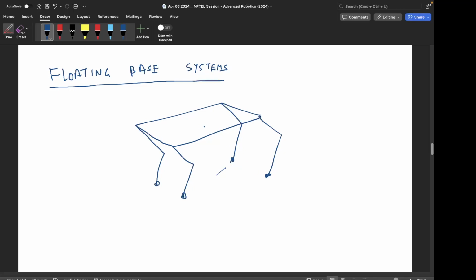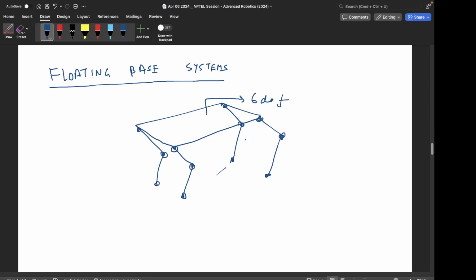So let's say we have this quadruped robot, right? This base, this torso, has 6 degrees of freedom, right? But for the degrees of freedom of the base, there are no actuators directly, because the actuators are present only at the joints of the legs. So the base and its degrees of freedom are actuated indirectly, right?